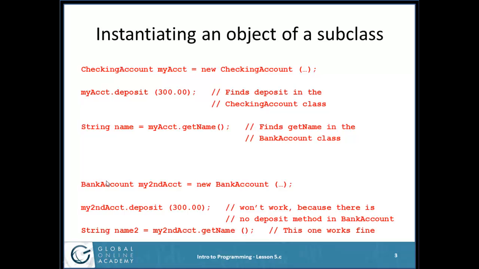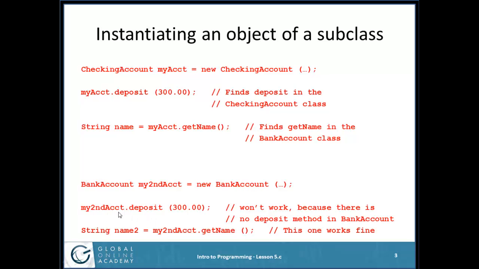Now, if I instantiated something at the superclass level, let's say I've got my second account, which was a new BankAccount, not a new CheckingAccount, well, this is now going to know how to do everything a bank account can do, or everything the BankAccount superclass can do, but it won't know anything about checking accounts.